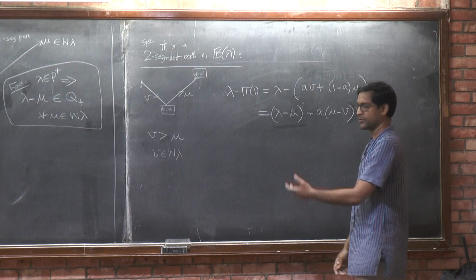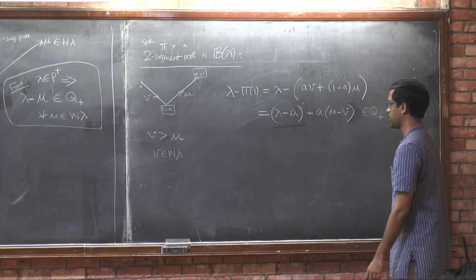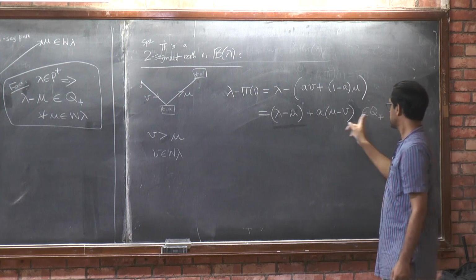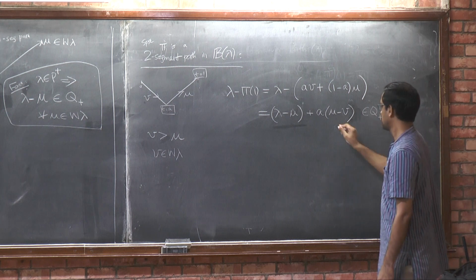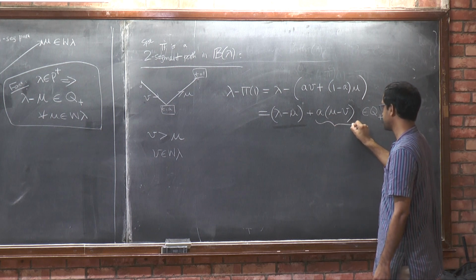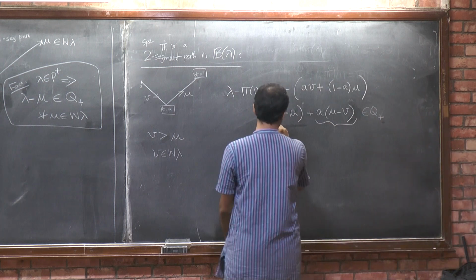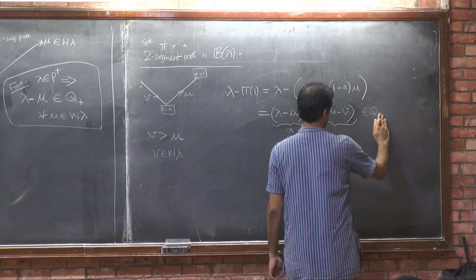Okay, so lambda minus mu is in Q plus, in particular it's in Q. So actually Q is all I care about at this point. So this is an element of the root lattice. Okay, the right hand side, the answer is an element of the root lattice. It's in Q. In particular, that means that this term must be an element of the root lattice. Okay, so this guy, so we can ignore the Q plus for the moment. So this is in Q is enough.